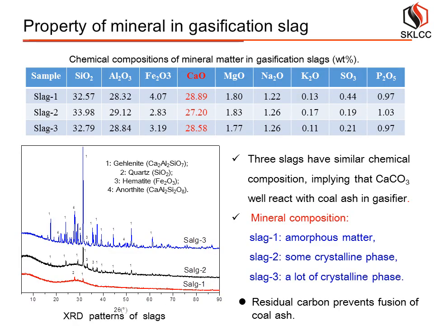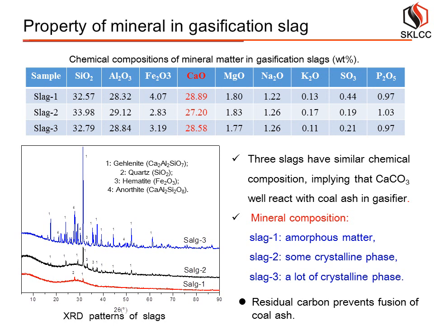We analyzed the property of minerals in these three kind of slags. This table shows that the three slags have similar chemical compositions. The content of calcium is almost the same, which implies that limestone will react with CoS in gasifiers. However, the XRD patterns of these three slags are different.